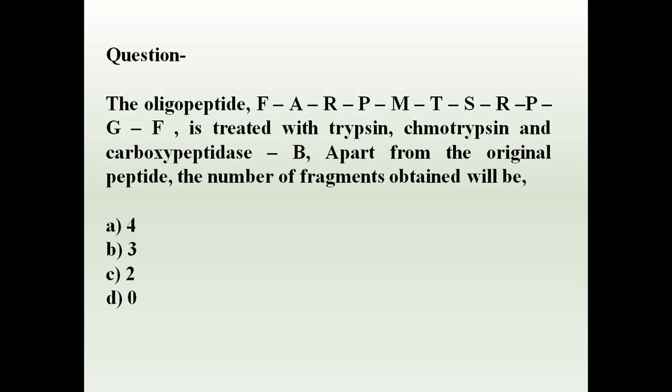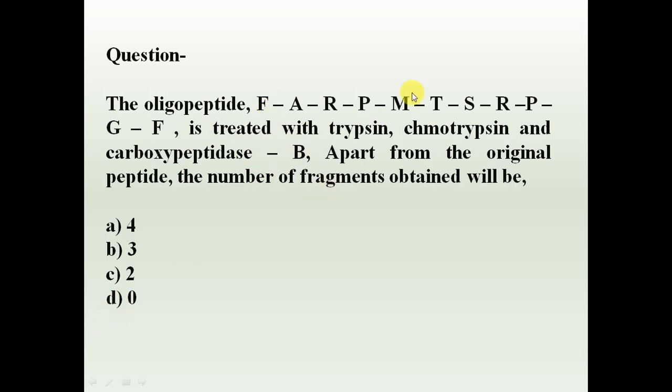But there should be no proline at the n-1 position. So you can see, carboxypeptidase B also performs terminal cleavage, so it will not cleave this chain. So the answer is 0.